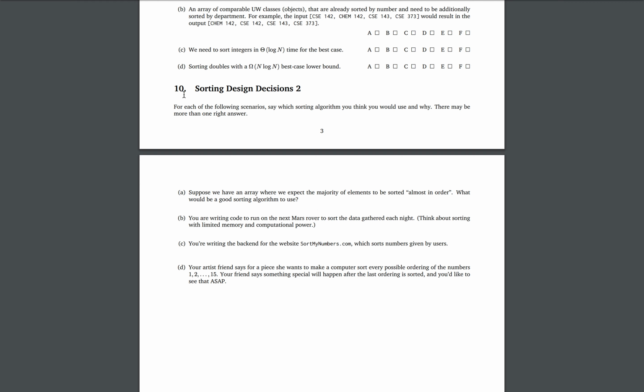The nice thing about these types of problems is there's no one right answer for any of these. What matters the most is your justification. Whenever you choose a sorting algorithm, you wouldn't want to just list that sorting algorithm. You would also want to say, I'm choosing this sorting algorithm because it has these properties that I think are important for this scenario.